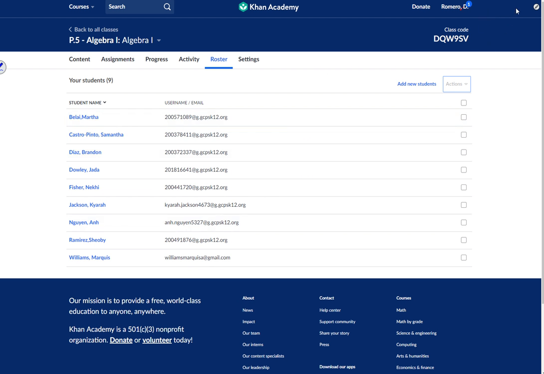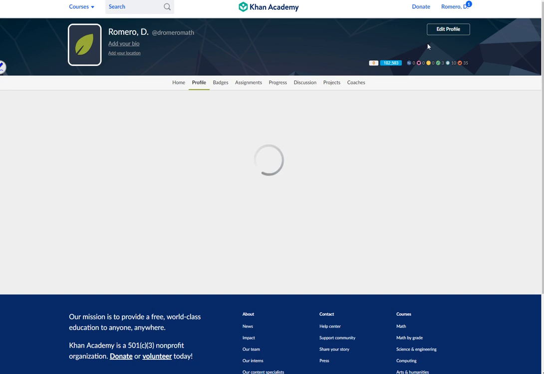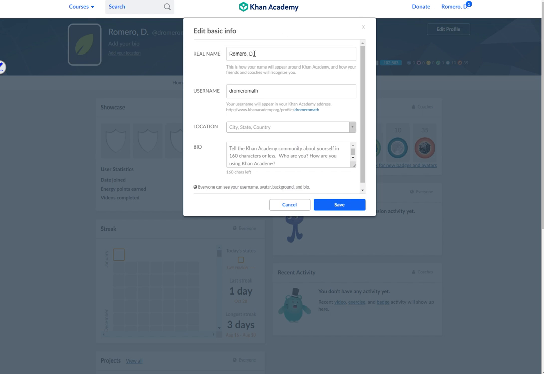If not, you just have to do 2 things, and you only have to do them once. One of them is to click on your name when you get here, go to Profile, and when you edit your profile, put last name, comma, first name.